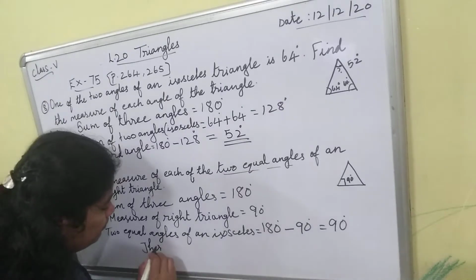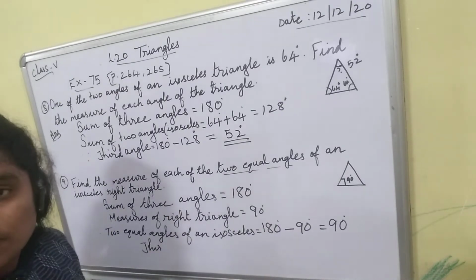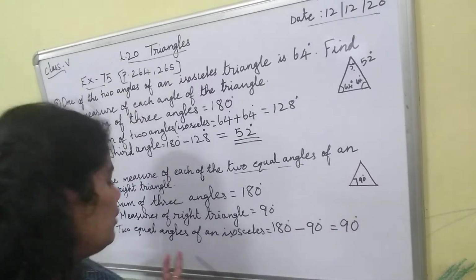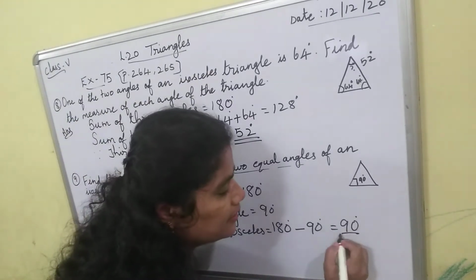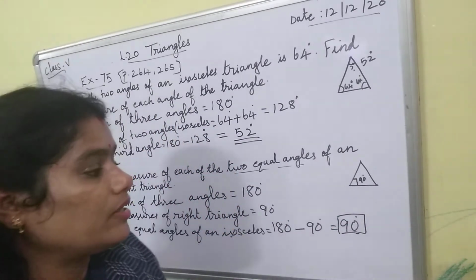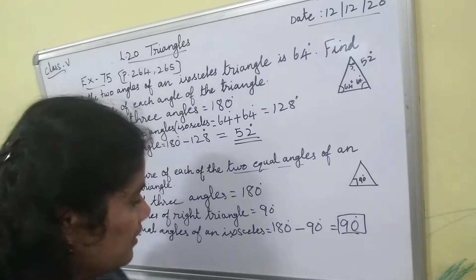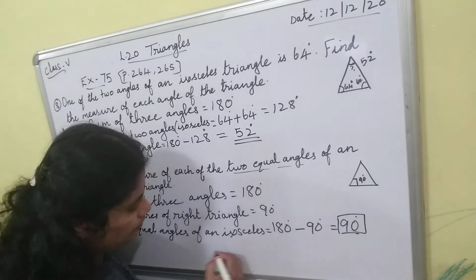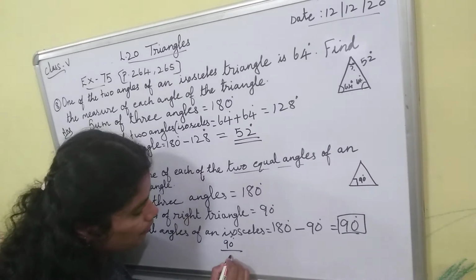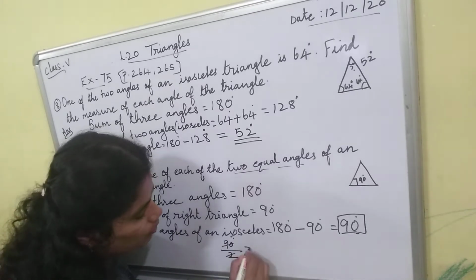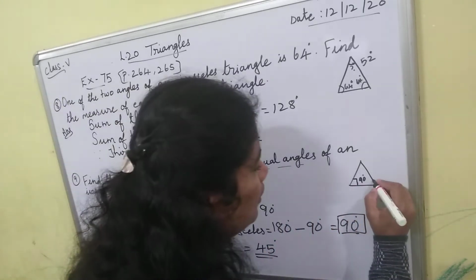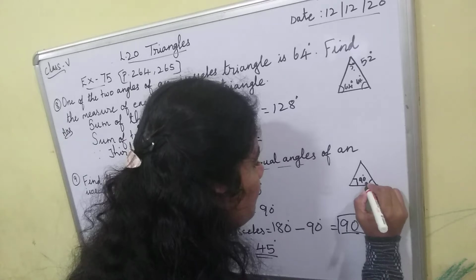So we know the two equal angles sum to 90 degrees, isn't it? We got 90 degrees for the two equal angles. So what is one angle? 90 degrees divided by 2. How much will it be? 45. So one angle equal to 45 degrees.